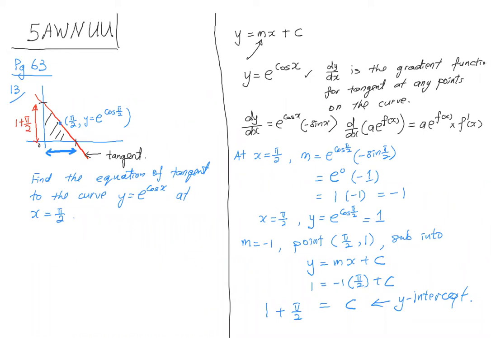so what should I do? I should get back to my equation of tangent, which is y equal to -x plus the c, which is 1 plus pi by 2.